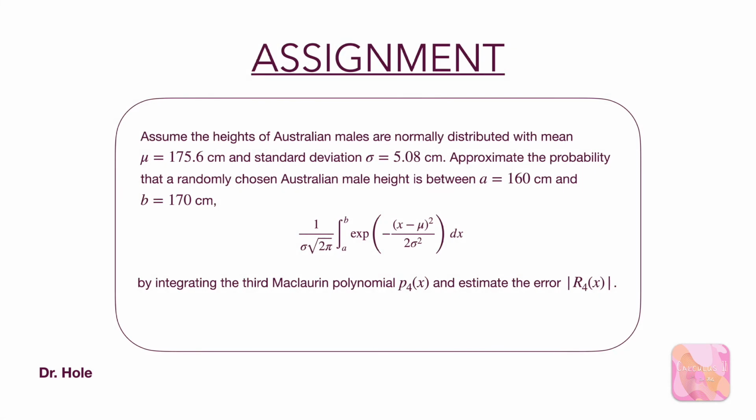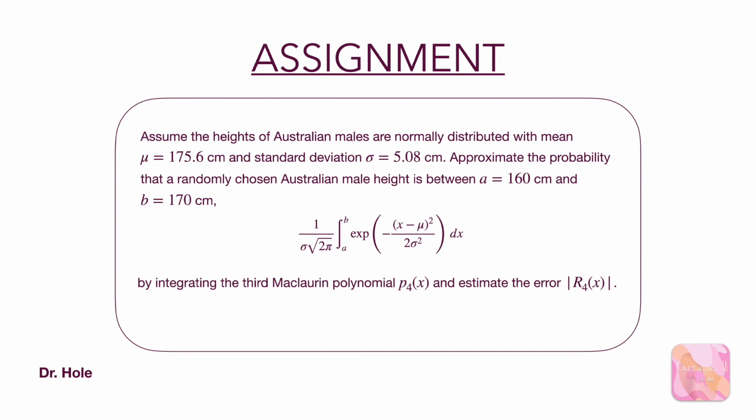So you give it a try. Suppose that we're looking at Australian males having some given height in centimeters with a standard deviation, sigma. And then you pick an Australian male at random. What would be the probability that that Australian male would be of height between 160 centimeters and 170 centimeters? Well, that means evaluating this definite integral.